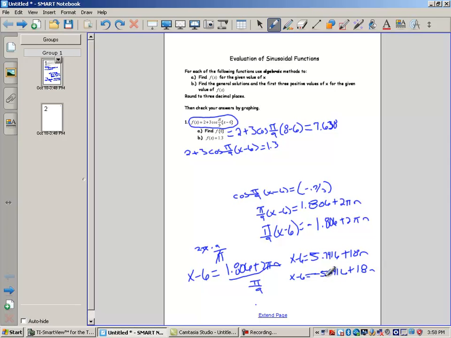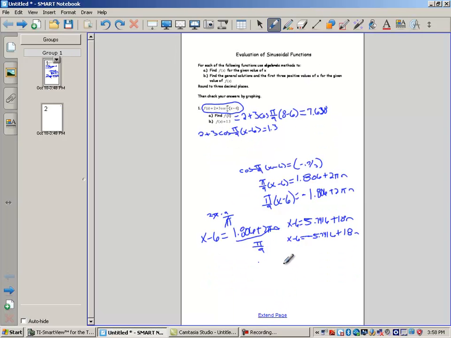And the last thing I need to do is add 6 to both sides, so my final two answers are going to be x equals 11.7416 plus 18n, and then the other one is whatever negative 5.7416 plus 6 is.